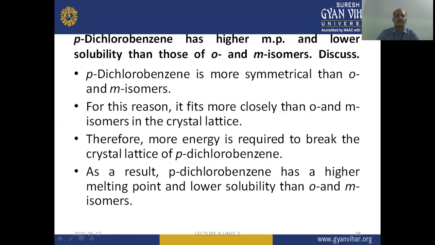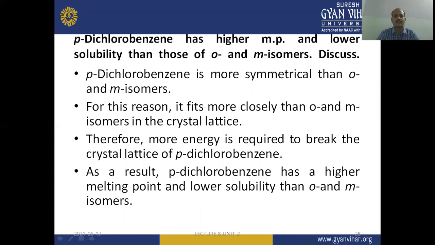So when we go through another example, para-dichlorobenzene has a higher melting point and lower solubility than those of ortho and meta isomers. When we discuss this example, we can see that para-dichlorobenzene is more symmetrical in nature than ortho and meta isomers.